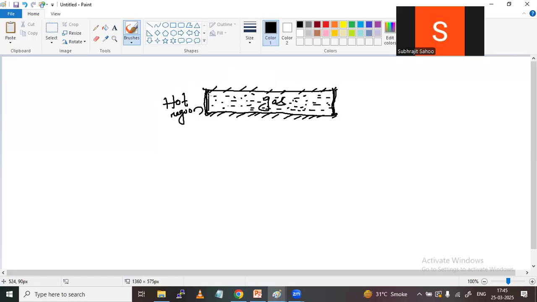When this end is exposed to the hot region, automatically the gas particles receive heat first. This surface will be heated first, then the gas particles receive heat from this surface, then heat is transferred from one gas particle to another gas particle, then another, like this. Finally the heat reaches this wall.